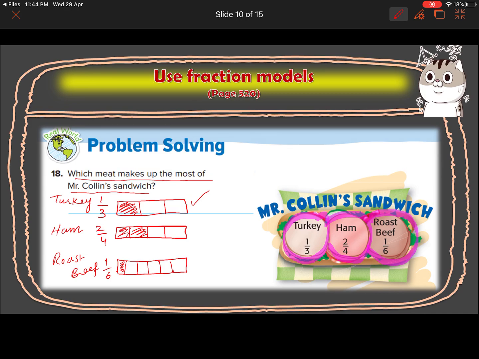Now, which fraction bar has more shades? So ham is the biggest fraction. So Mr. Collins used ham to make the sandwich.